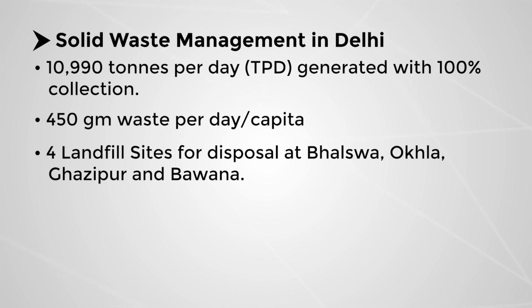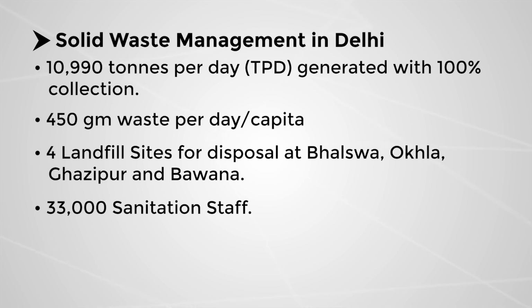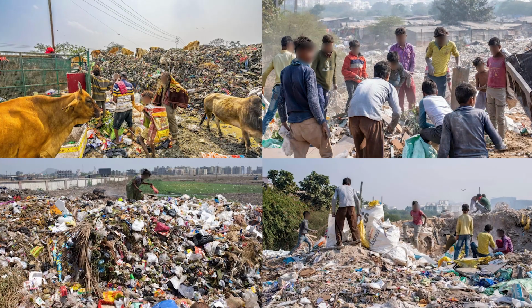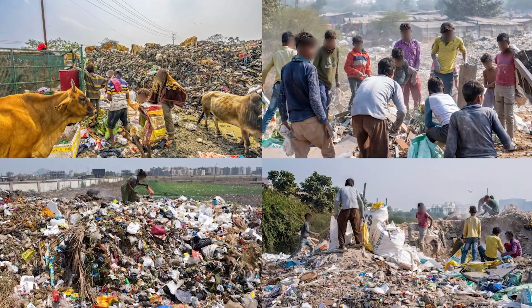There are around 4 landfill sites, that is Bhalswa, Okhla, Ghazipur and Bawana, receiving the waste from different zones, and as far as sanitation staff are concerned, around 33,000 staff are engaged there. So, this figure shows the different situations of solid waste generation and collection in different areas. So, this is the composition of the waste.